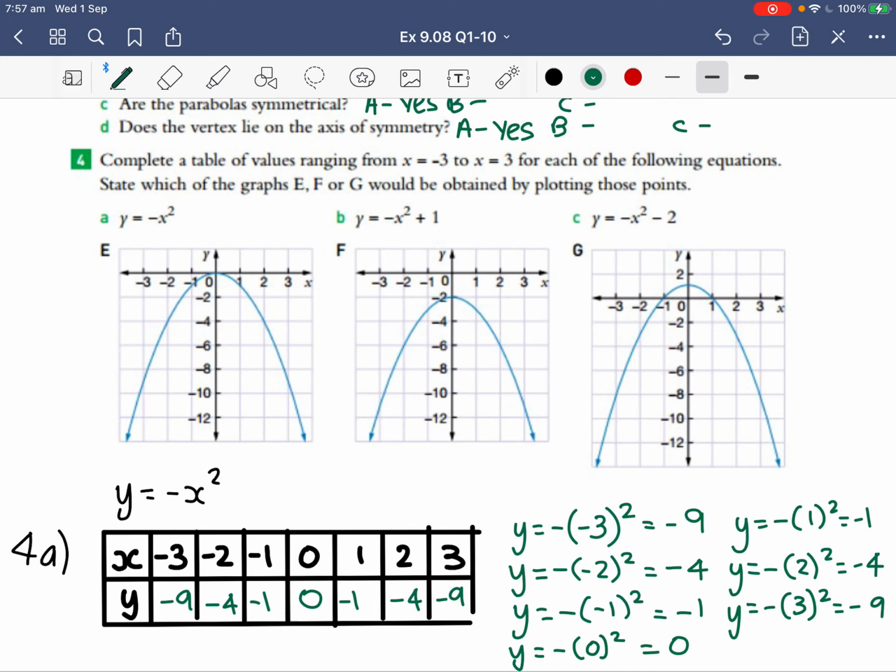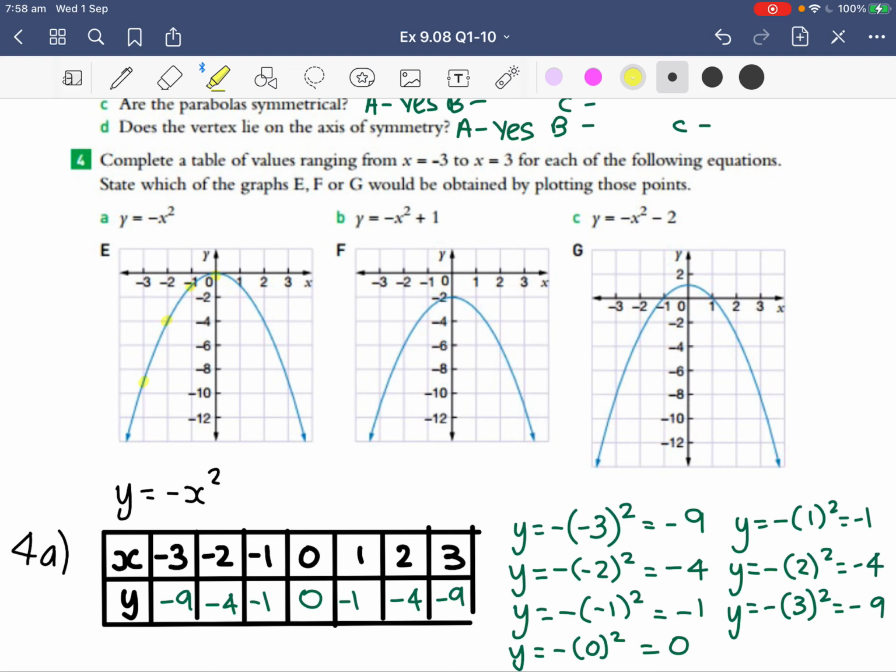Now we need to work out which graph matches with our equation y equals -x squared. Our first point on our table is (-3, -9). Let's look at E first. We go across to -3, down to -9. Yep, that's a point. Then we have (-2, -4), yep, that's a point. Then -1, that's a point.